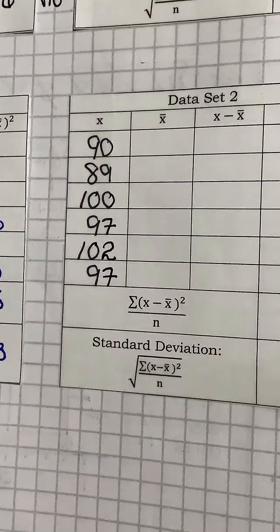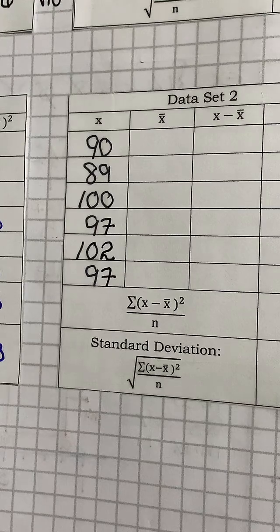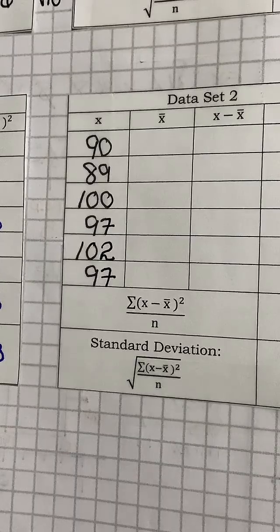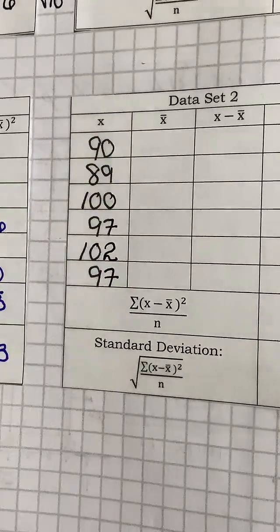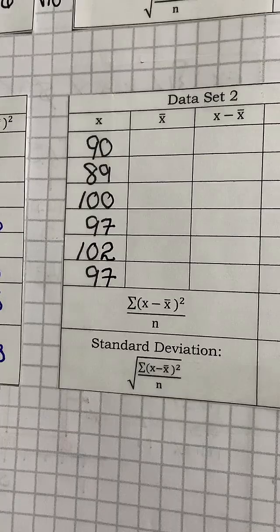So that's what we're trying to do right now. We're trying to see who has the highest, or the greatest standard deviation. So we're basically doing the same exact thing. We got different data sets. But tell me what my mean is.